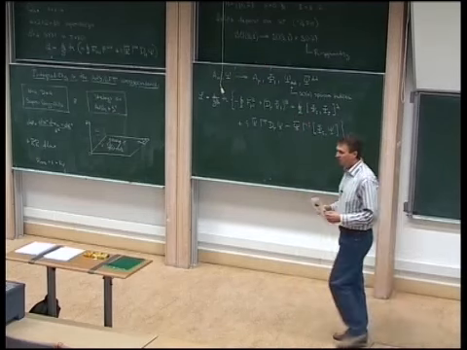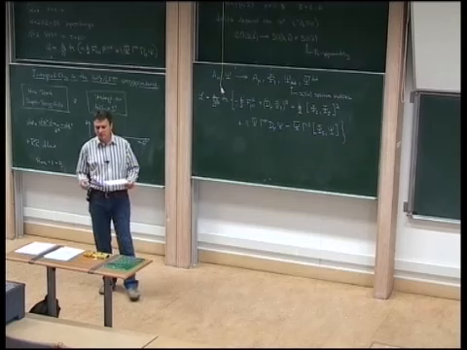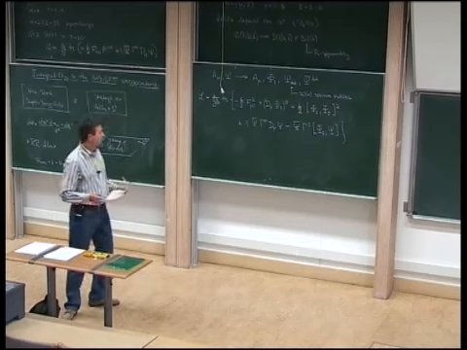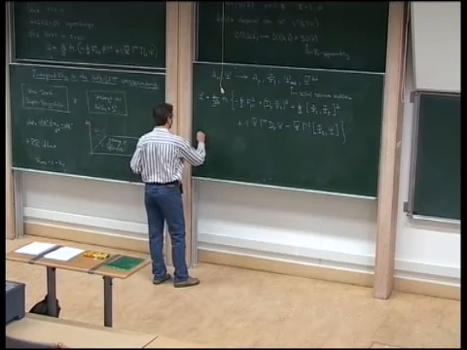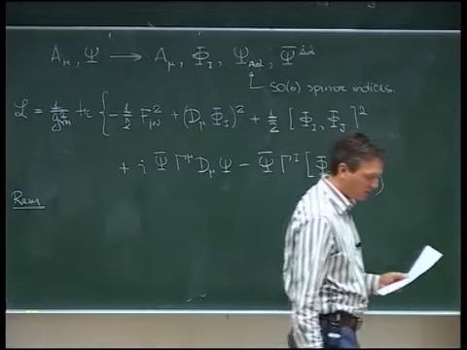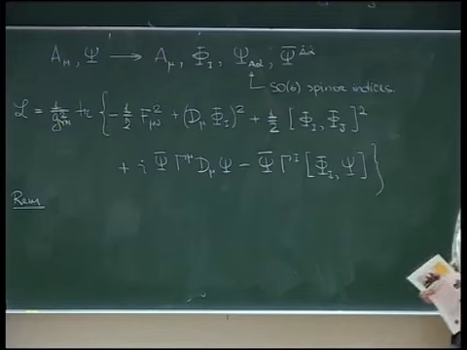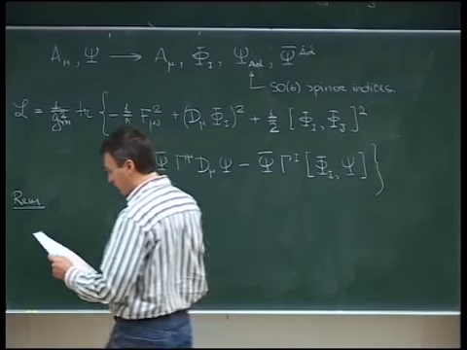Sometimes it's useful to generalize this procedure to an arbitrary number of dimensions. One of the reasons is that this continuation to an arbitrary number of dimensions gives a convenient regularization scheme that's called dimensional reduction.